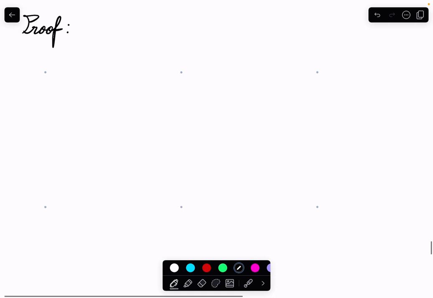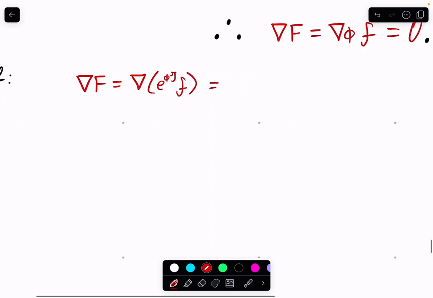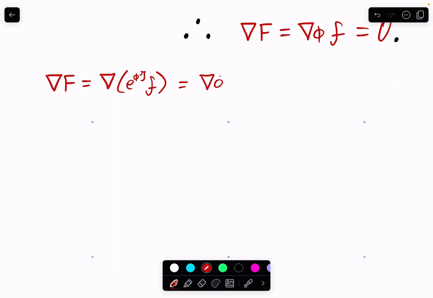So for the proof, we're going to compute the gradient of F. So the gradient of F is equal to the gradient of e to the phi I f, which is equal to the gradient of phi times I times e to the phi I f plus e to the phi I gradient of f.